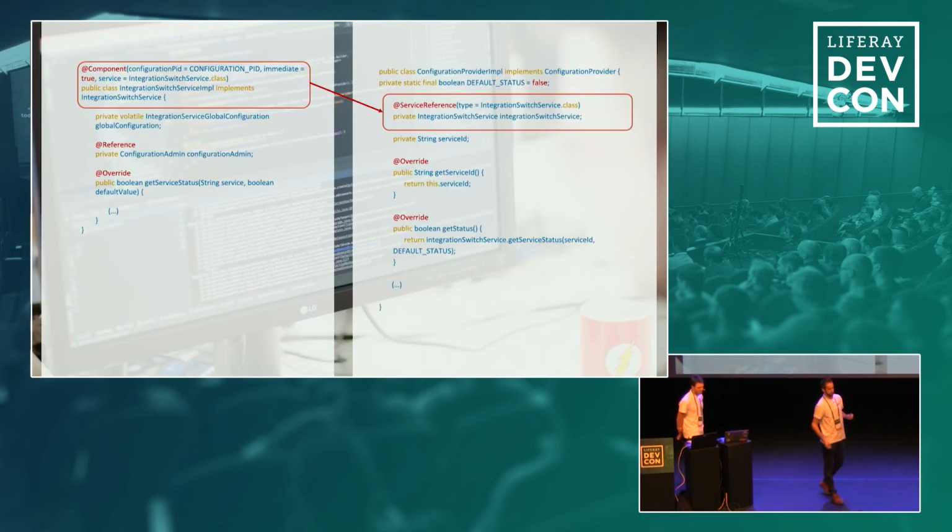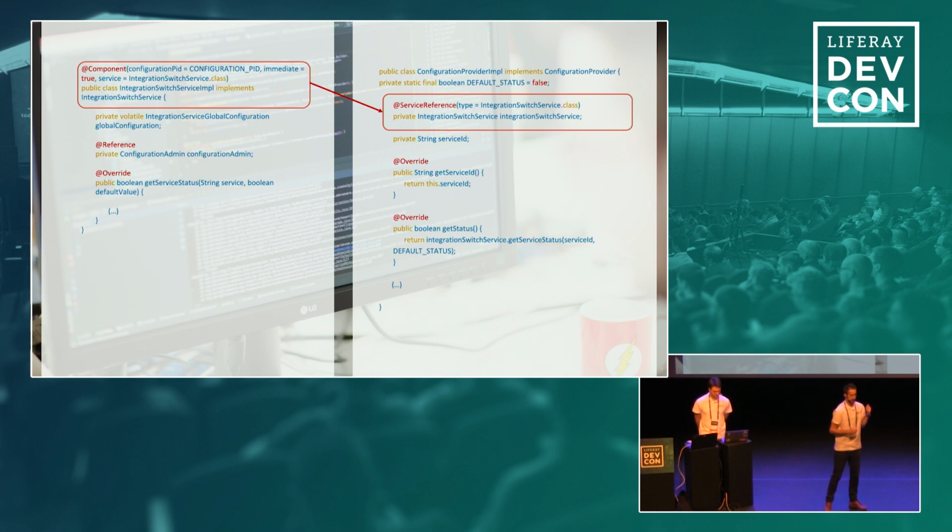How did we do it? As you can see on your left, there is an OSGi component. Basically, this component is reading information from the Liferay control panel. It's pretty simple. And as you can see, on your right, you have a Spring bean. Okay, they are totally different contexts. So we only have to use this service reference annotation, and our OSGi component is from now on inside this Spring bean.